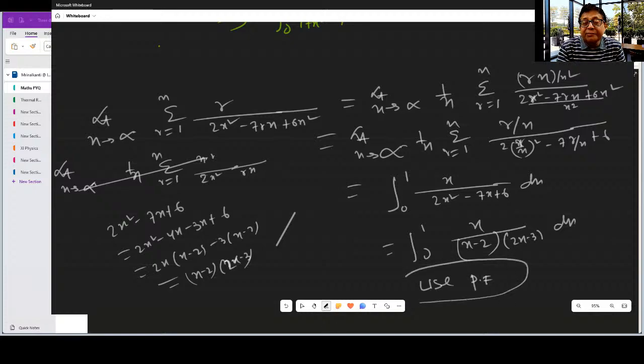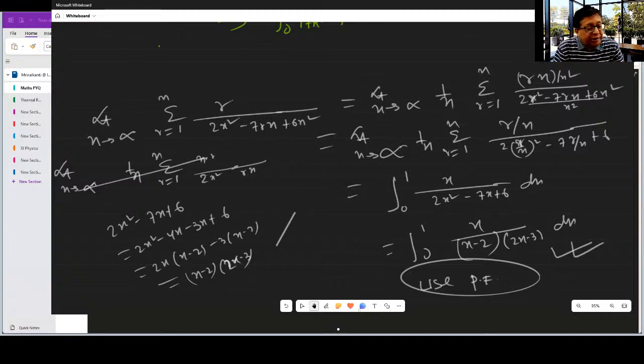JEE student means you have done CBSE though. This you will be able to do it. Clear? And the answer I am telling you, it will be log 3 root 3 by 4, base e.